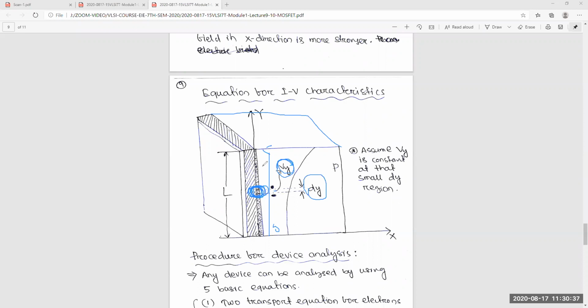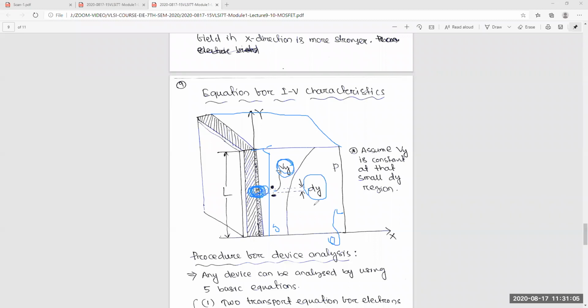Then finally we will integrate throughout this region from here to here, and we will get the exact equation. So first you calculate on this small element, then integrate from 0 to L. So this is the method of how we derive the equations.